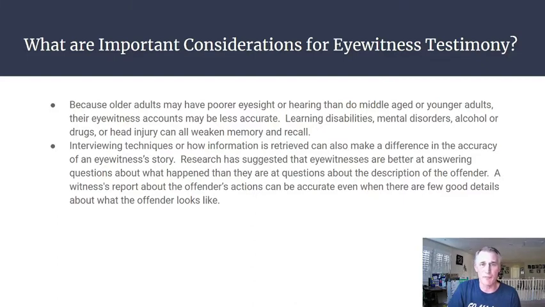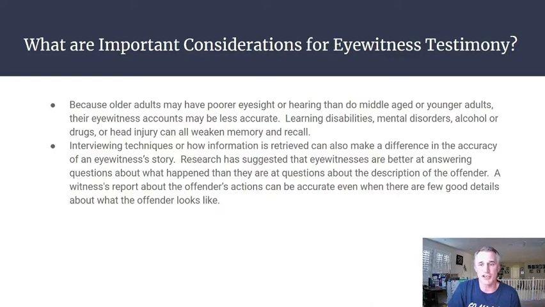Older adults may have poorer eyesight or hearing than middle-aged or younger adults, and their eyewitness accounts might be less accurate. Any kind of learning disability, mental disorder, impairment by alcohol or drugs, or a head injury during the event could weaken memory and recall. Interviewing techniques, and we mentioned this with the children, but it can work for anybody, right?